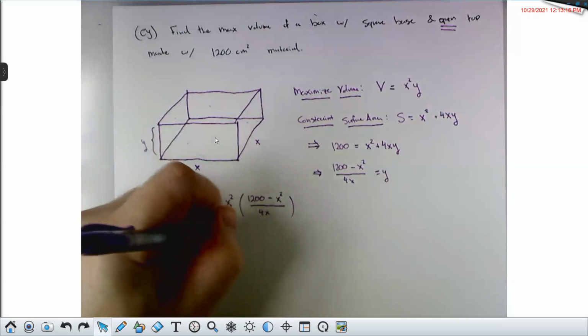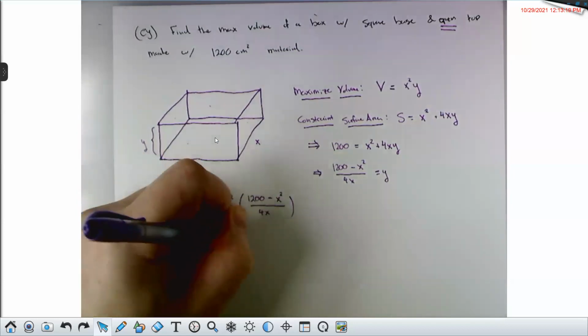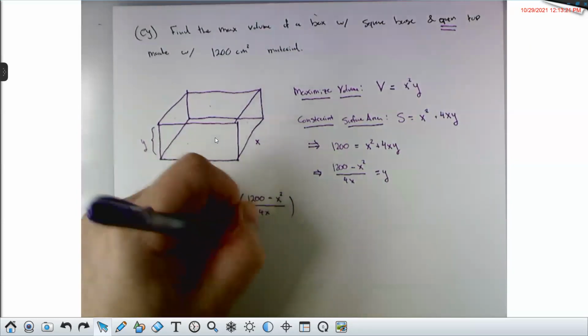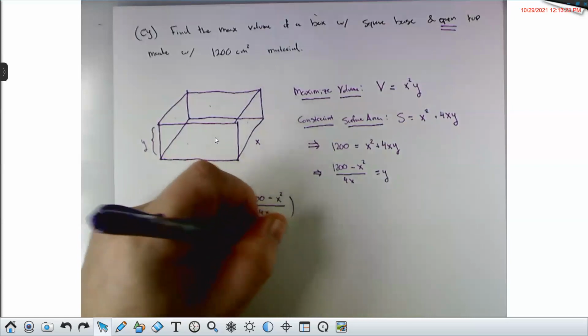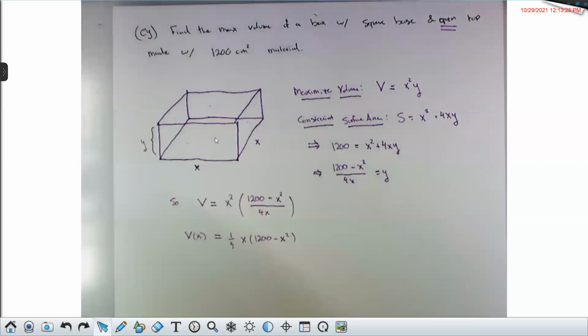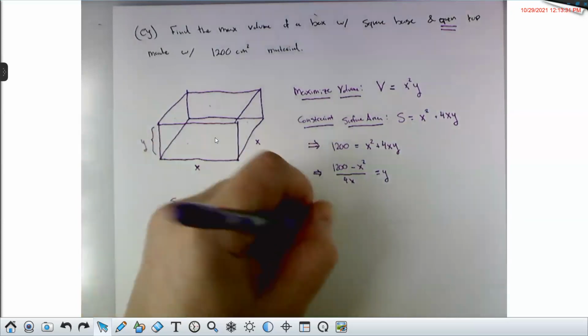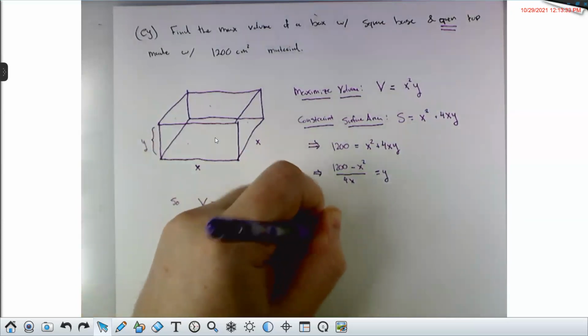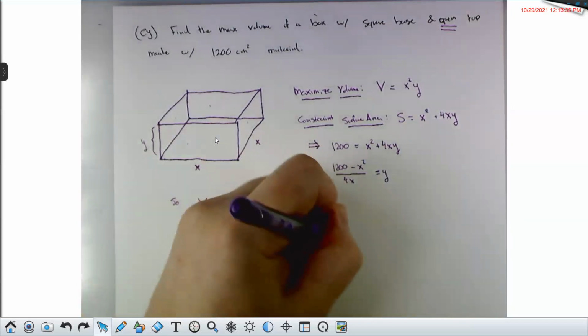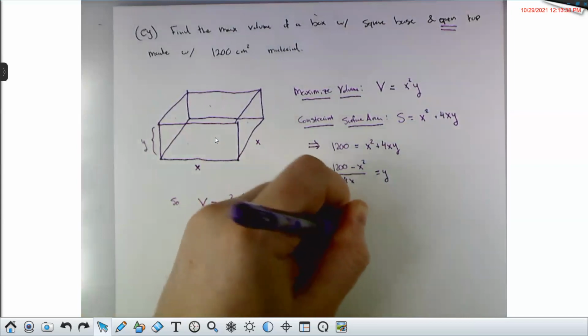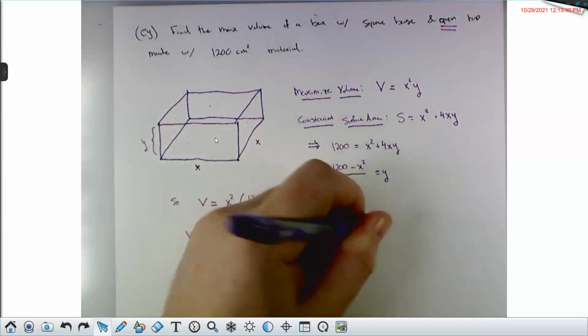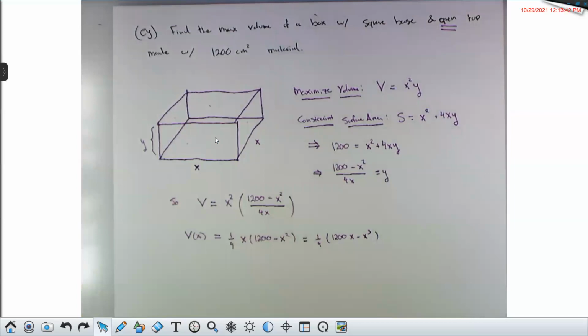I can pop out a 1/4. So I'll have 1/4 x times 1200 minus x squared. And I can further simplify this to 1/4 times 1200x minus x cubed, which is the nicer form to differentiate, right? Because this does not require a product rule, whereas this would.